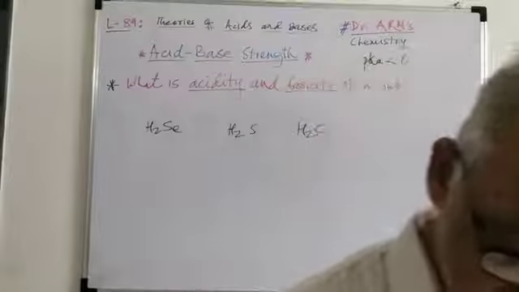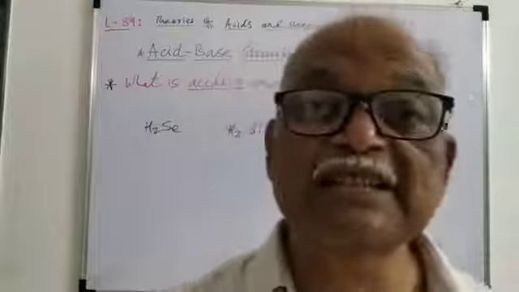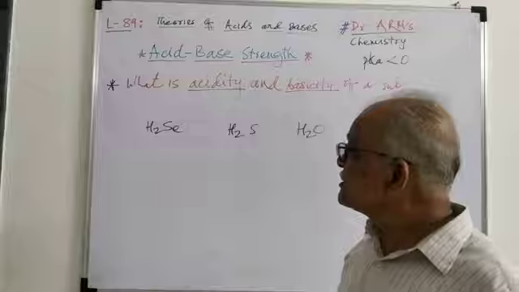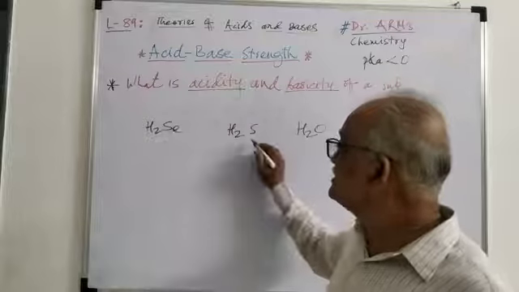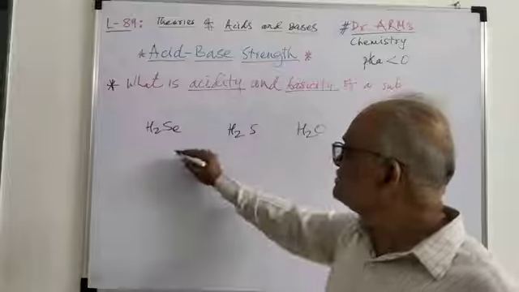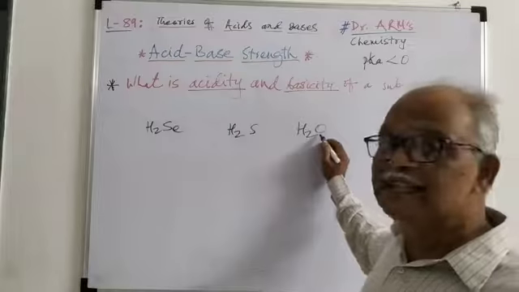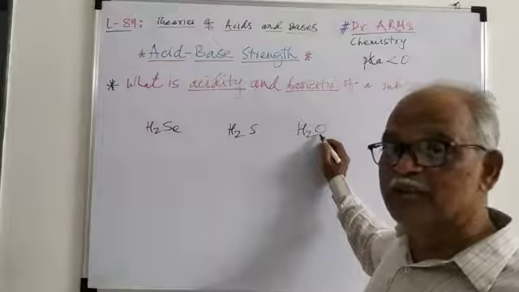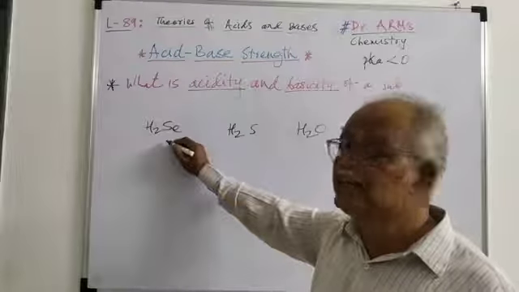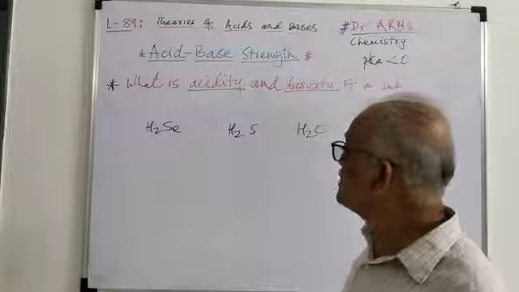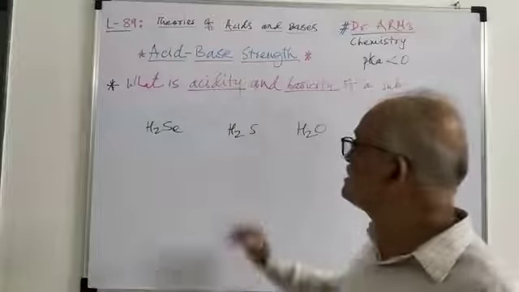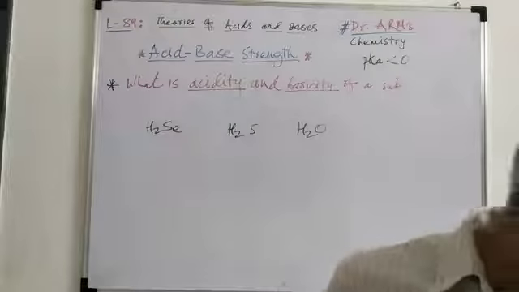This is the heaviest species, this is relatively lighter, and this is the lightest. But this is the most electronegative species, this is relatively less electronegative, and this is the least electronegative. So electronegativity changes in this way.